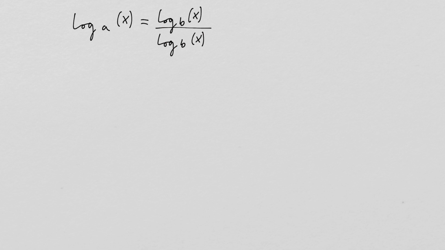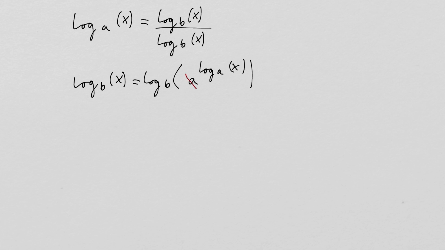How can we prove the change of base formula? We can start with the numerator of the right hand side. We can write the variable in a different way. It's a to power logarithm a of x.